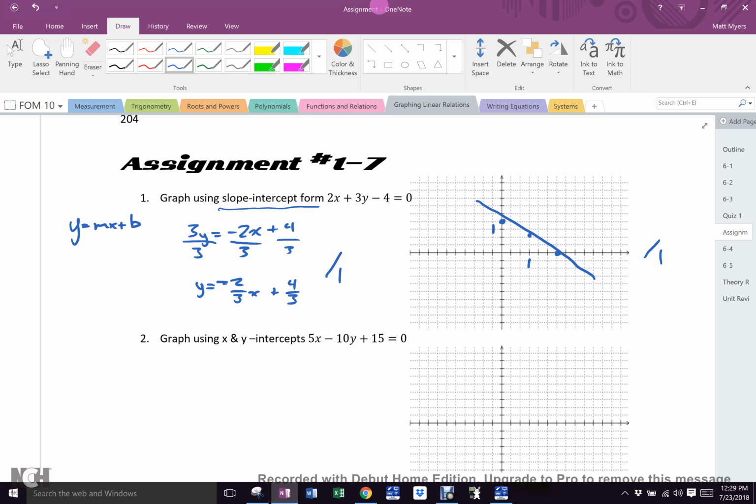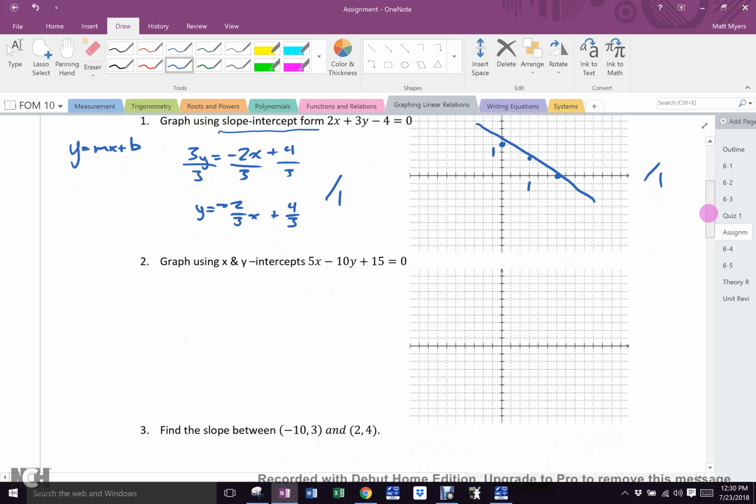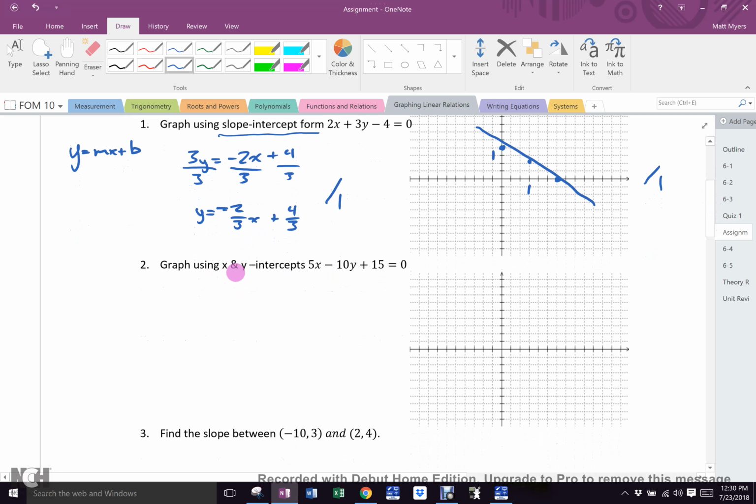So on your quiz, when I give you a question about slope-intercept form, I expect every single person to get it right. Using x and y intercepts. What is an x-intercept? x0. What is a y-intercept? 0y. What do I do with those? You sub them in over here. When it's an x-intercept, what disappears?